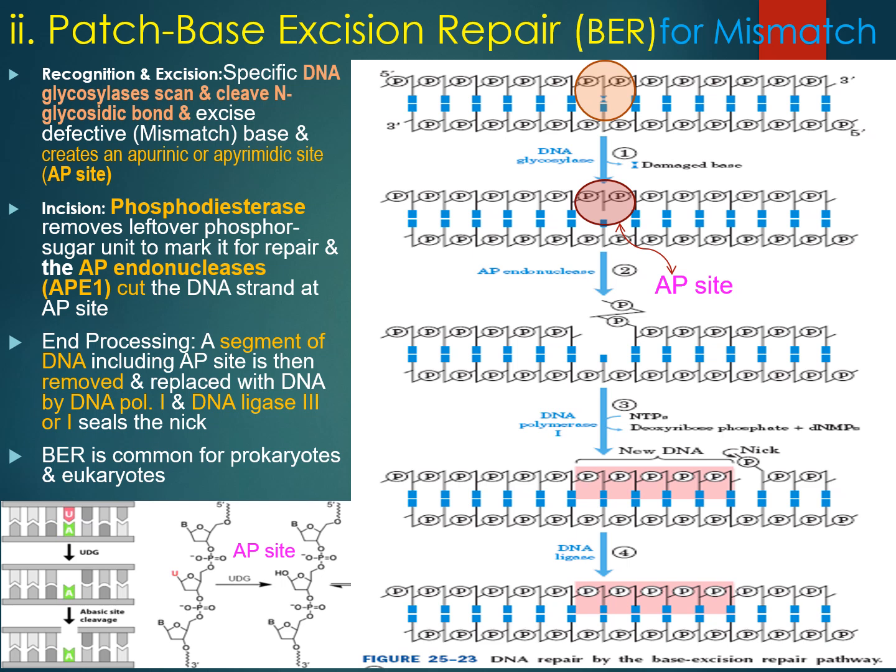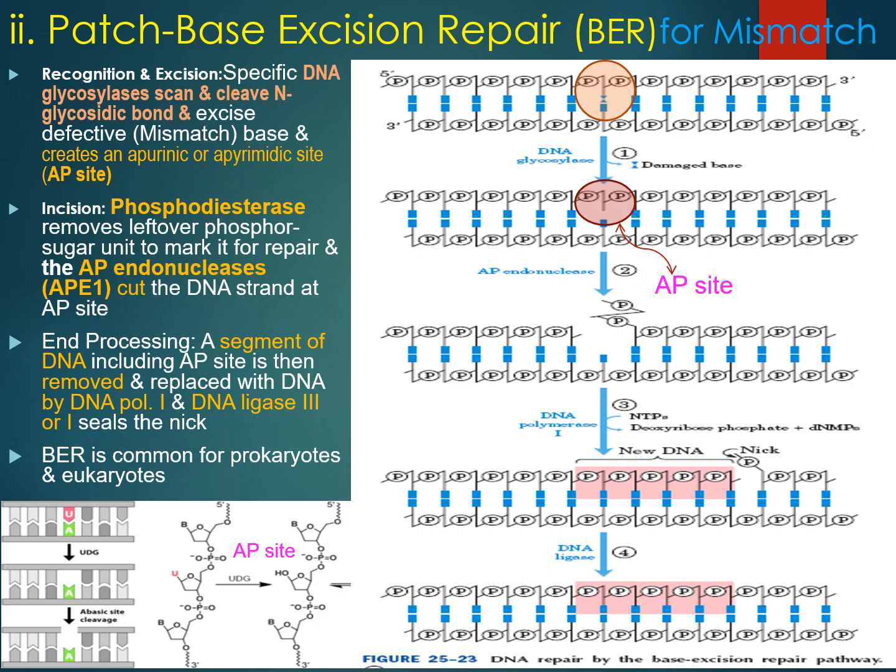Now let us see the second type, base excision repair, where it happens as a patch. Here the mismatched base is recognized, where one base is not there or a mismatch is there.